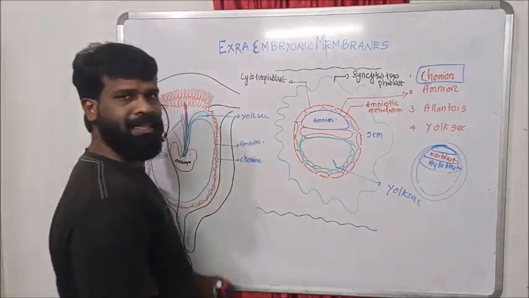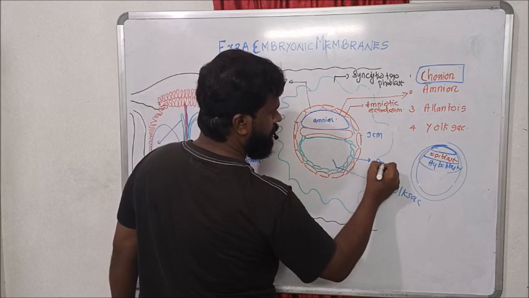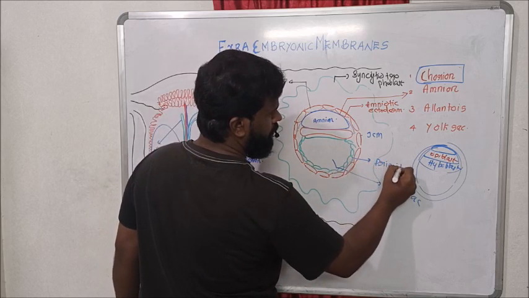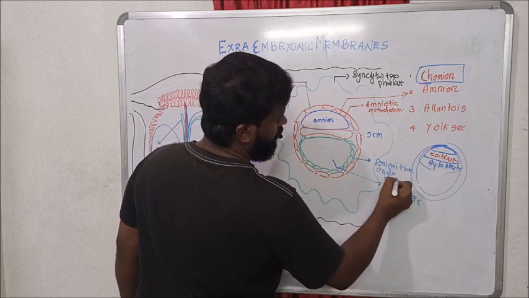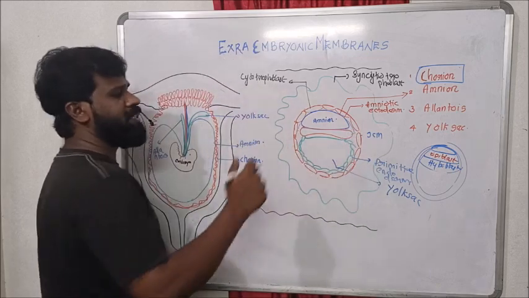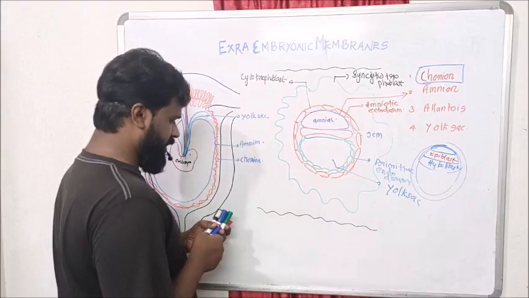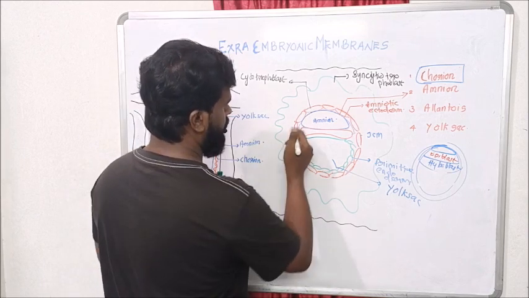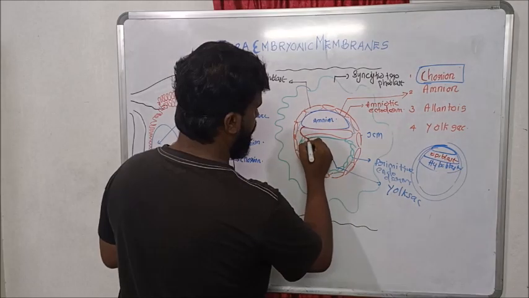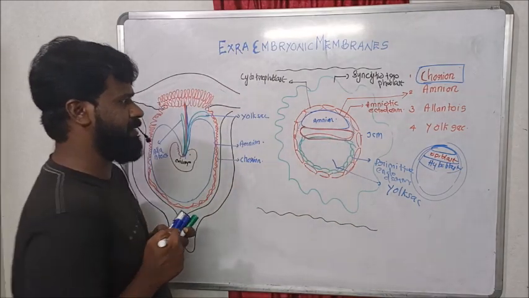The membrane of this yolk sac is the primitive endoderm. So here, this part forms the embryo. This is the embryonic region.